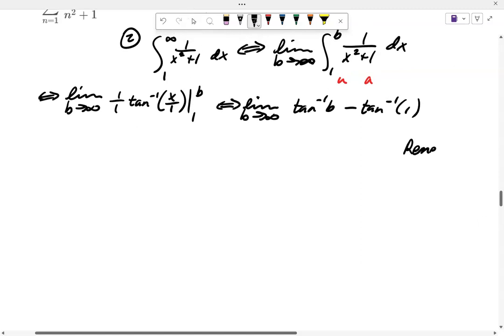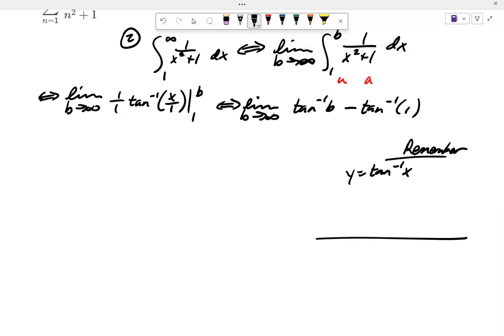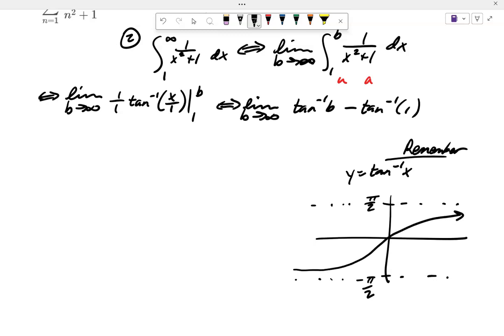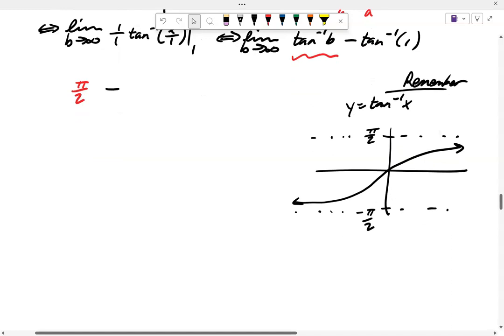Remember, here's your arctangent. It's got horizontal asymptotes at pi halves and negative pi halves, right? So as you run that to infinity, you're approaching the horizontal asymptote. So this is going to pi halves minus arctangent of 1.